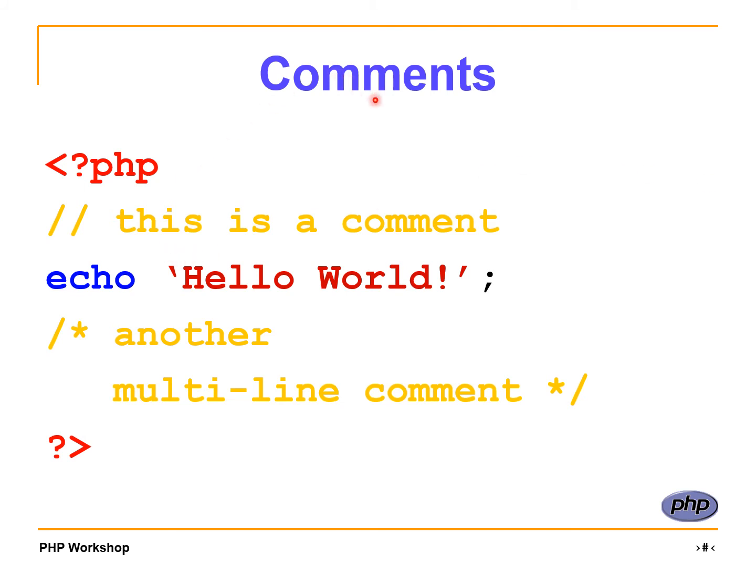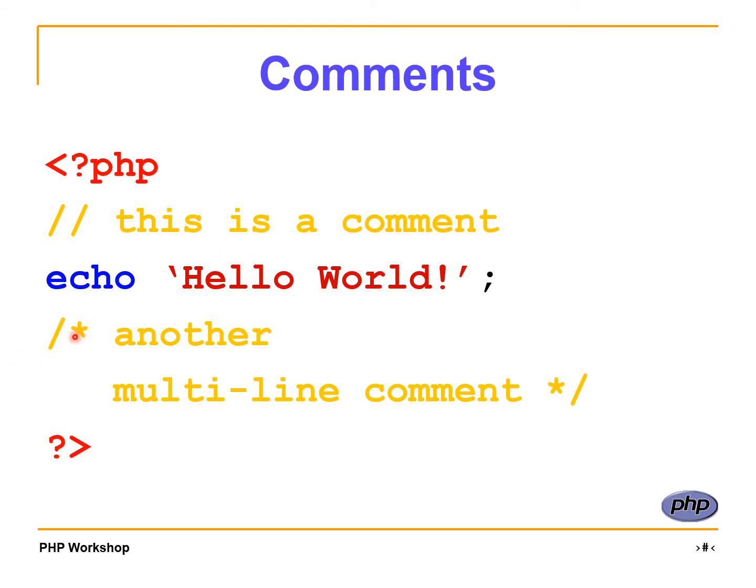So this is an example showing comments in PHP scripts. Here this is the starting of the PHP script. Then this is a comment. Double slash, this is a comment. It means that this is a single line comment, so then the control is moved to the next line. In the next line, it is just for echoing hello world, so hello world should be displayed. Then after that, slash star.